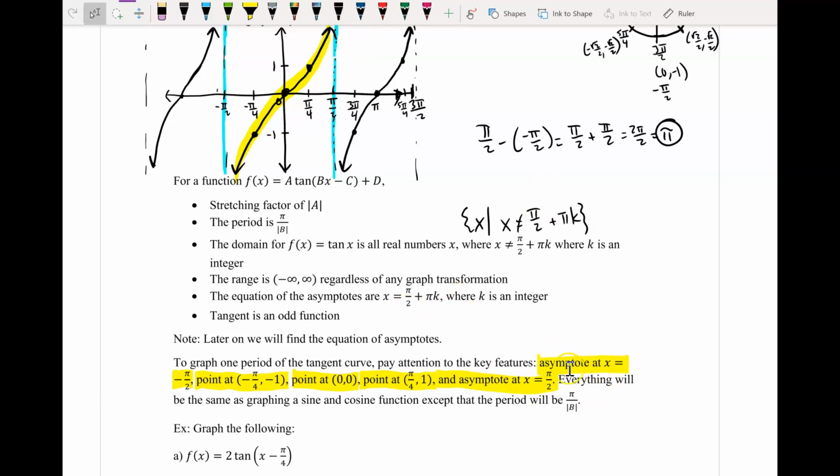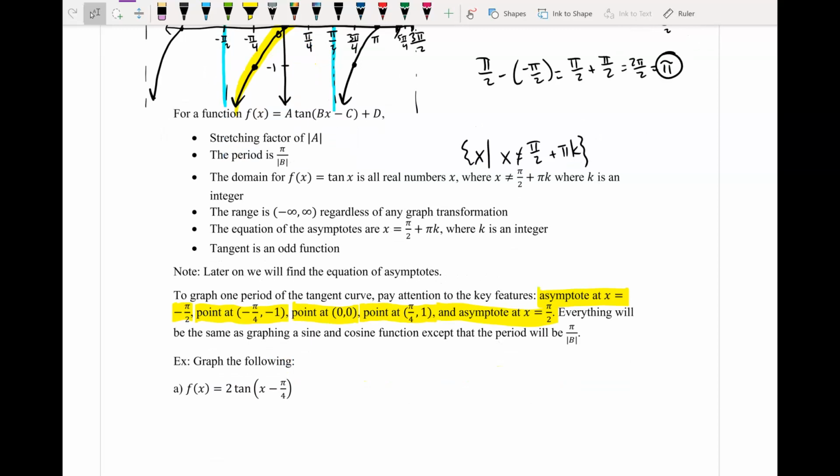This is what you're going to be stretching and compressing, and everything is basically the same as graphing sine and cosine, except that now the period will be pi over b. Again, one of the things you might want to consider doing is rearranging the tangent graph into this format, where f of x is equal to a tangent of b times x minus c over b, plus d.